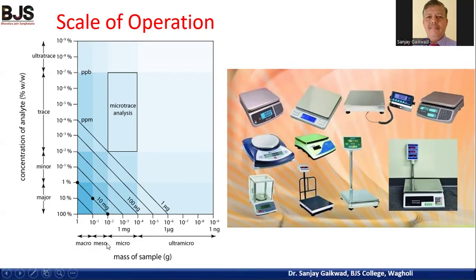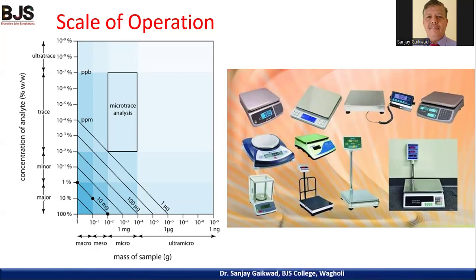Then it is called the meso level. From 10 raised to minus 2, that is 10 milligram, to 100 microgram, we can use minor concentrations. It should be in the 100 microgram to 10 milligram level, and this is called micro analysis. And we are saying that it is a minor concentration.